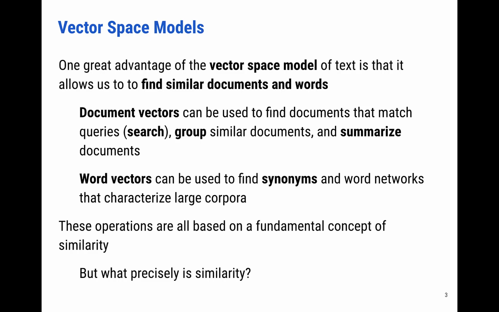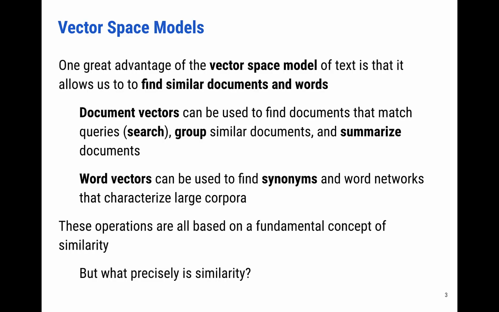So you can take a search string and treat it as a kind of document and find what's the closest document to the search string. Or we can say, let's find all the documents that are close to each other based on some parameters and group them. That's called clustering. Or we can summarize documents based on their possession of similar contents.